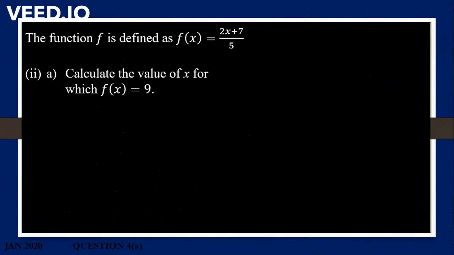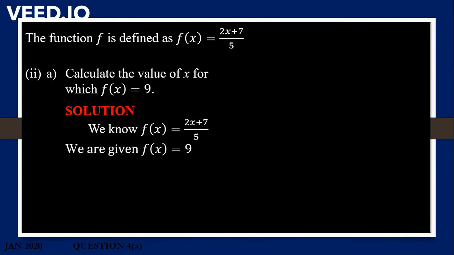Here, we are required to calculate the value of x for which f of x is equal to 9. We know f of x is 2x plus 7 all divided by 5. We are given f of x is equal to 9. So in this case, we are given the output and we are required to find the input value for x.